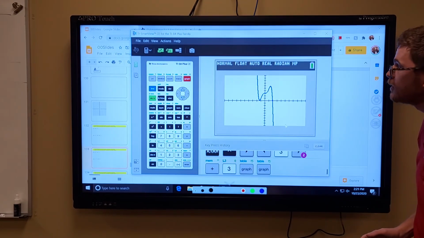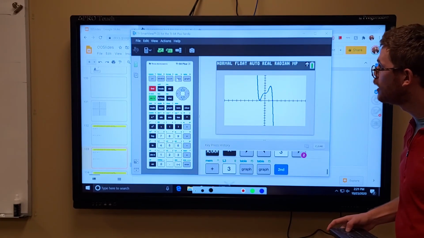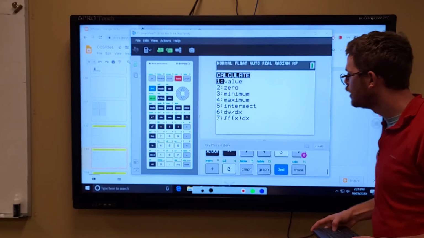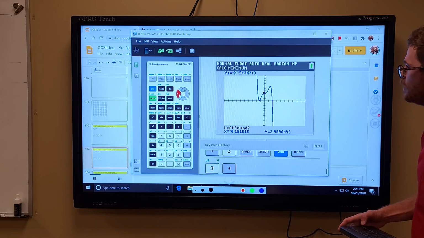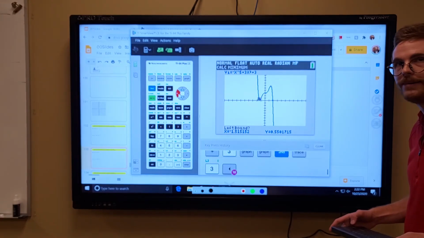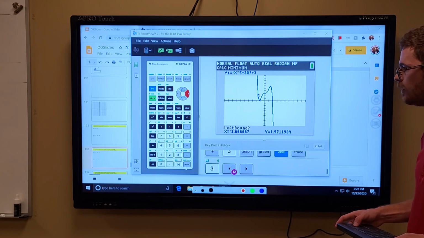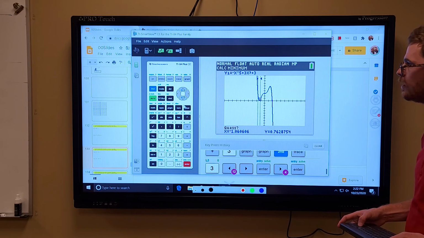I'm really curious. And that's pretty much the video right there. But if you want to stick around, I am curious as to what that output was at that negative 3 root 5 over 5. Bonus content. All right, left bound, enter. Right bound, enter.